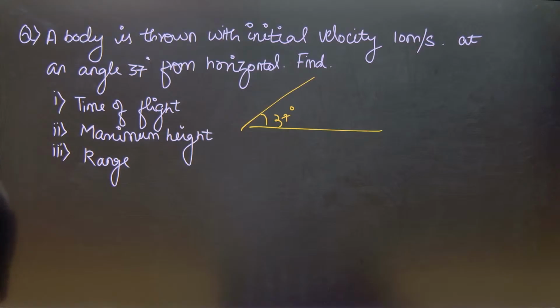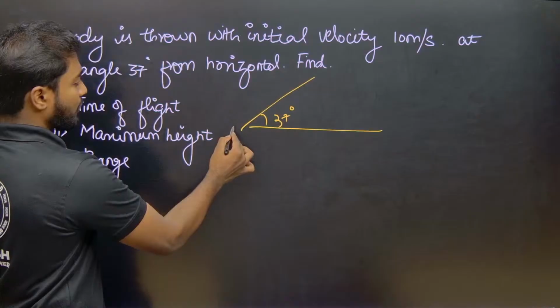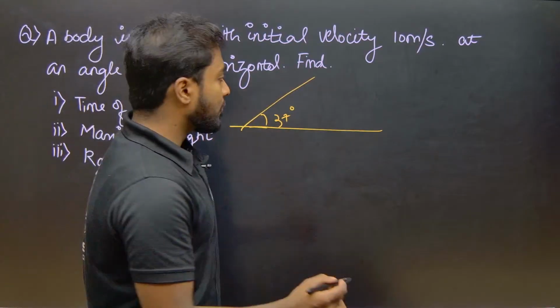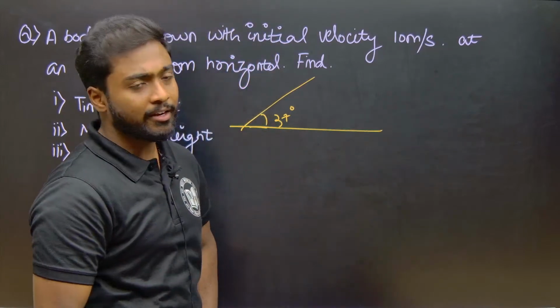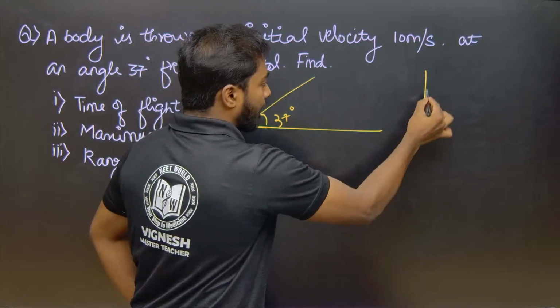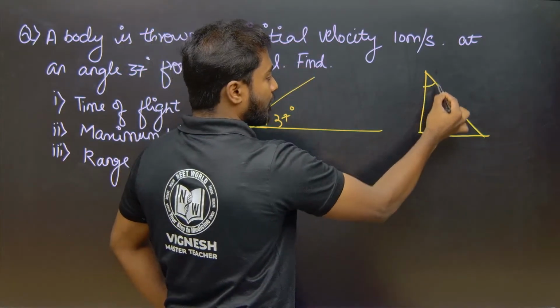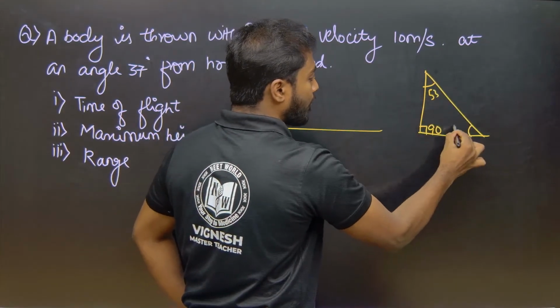See, simple thing, for 37 degrees or 53 degrees, how to remember, or how I can find sin theta or cos theta or tan theta? Take a right angle triangle, this is 90, one will be 53, another one will be 37.